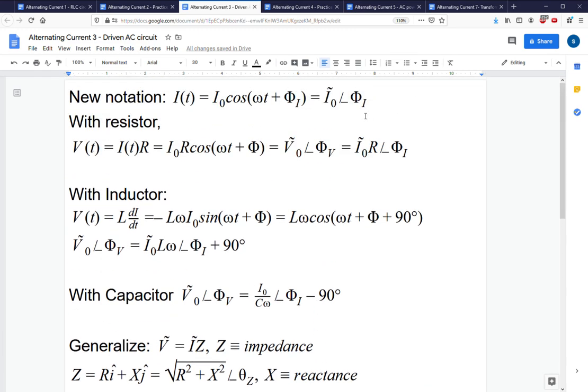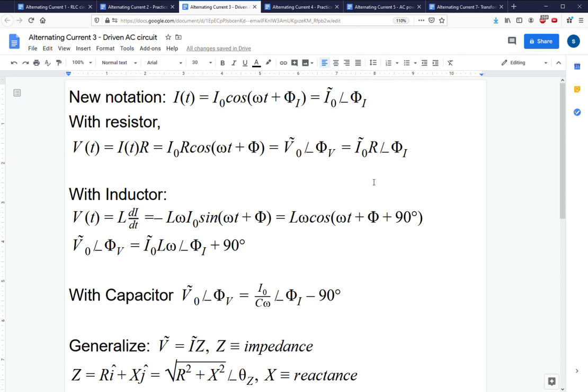Now, the reason I'm calling these phasors instead of just straight up vectors is because multiplication and division do something different with these angles. You see, for vectors, when we want to multiply two things together, we either need to use a dot product or a cross product, and there are specific rules for that.